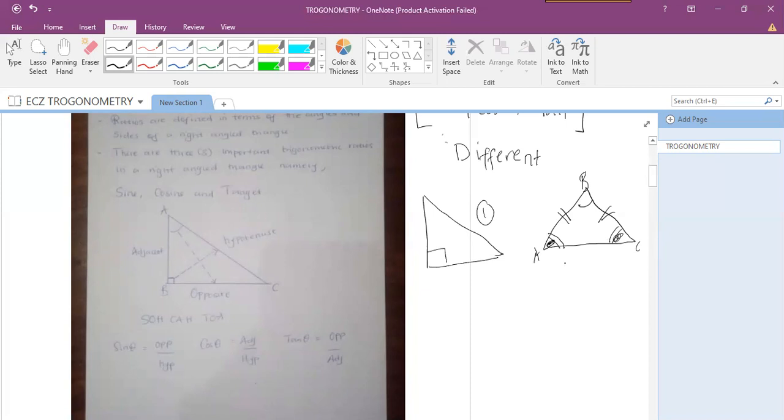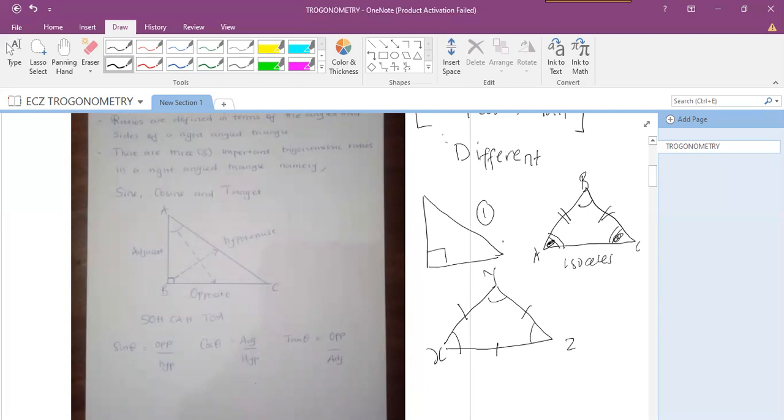So this is an isosceles triangle. Then the last triangle that you're going to deal with is an equilateral triangle, where all of the sides are equal. So let's say X, Y, Z. So all sides are equal and all angles are equal.